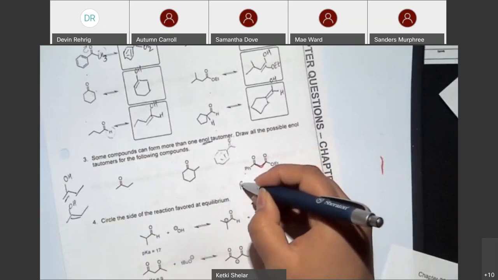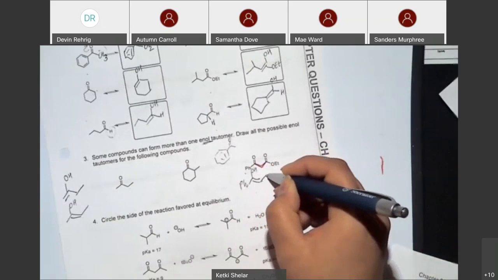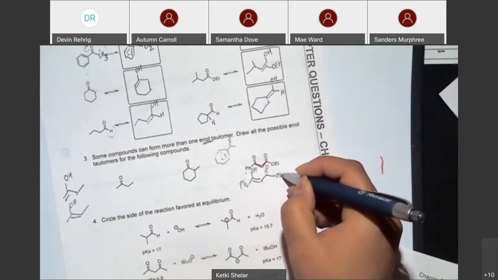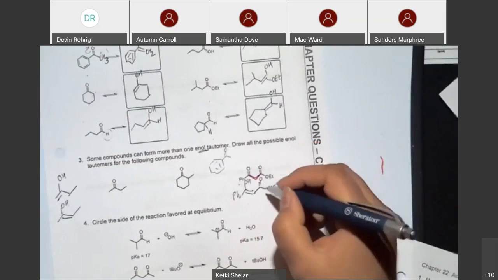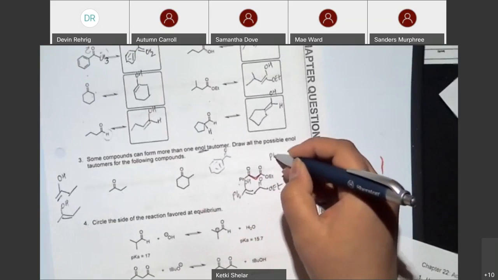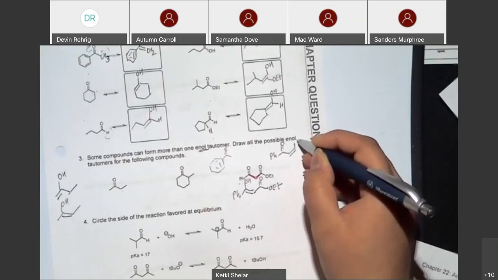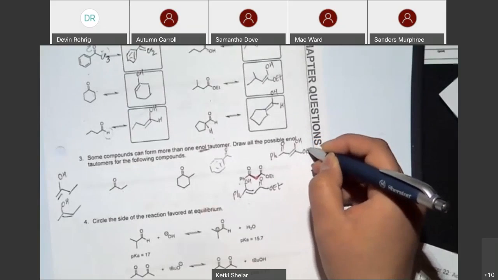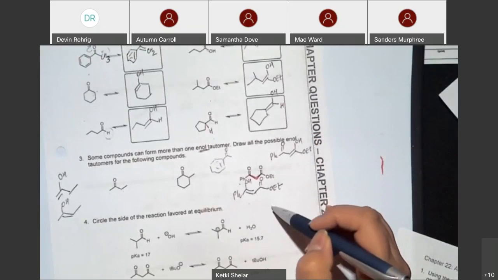So here you would write PhCOOH like this one. The other would be to the other side, where it is PhCOOH, O ether, right? So these would be two possible.